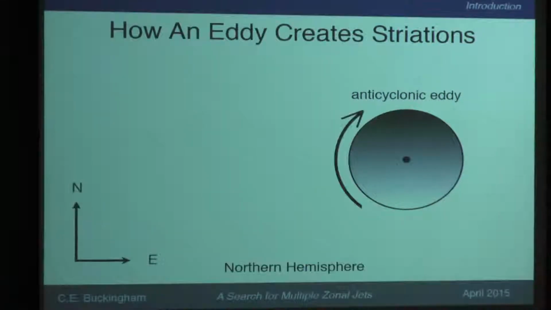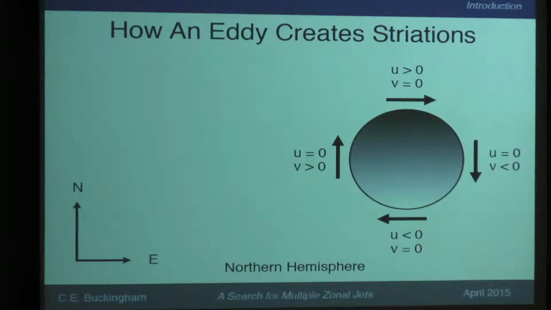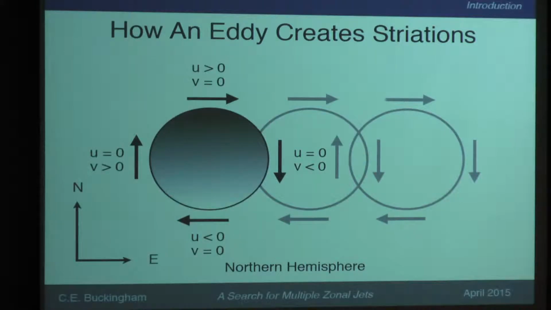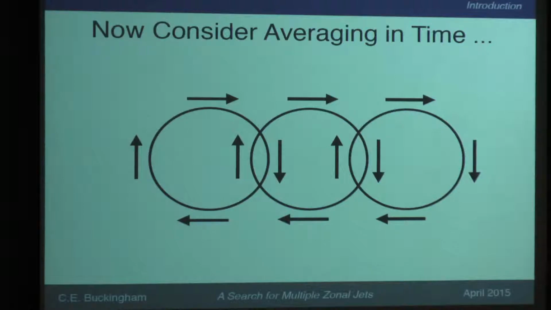Okay. So consider an anticyclonic eddy in the northern hemisphere. It has velocities on the flanks of the eddy associated with it like this. As it moves westward under the influence of beta, you get this pattern that you then time average. The motivation for time averaging is to reduce the noise so that you can see the very small signal that you're looking for.